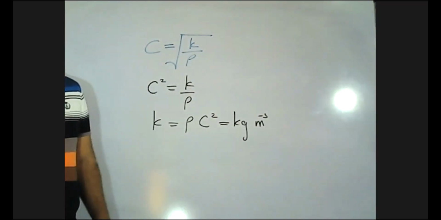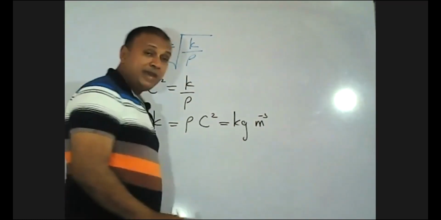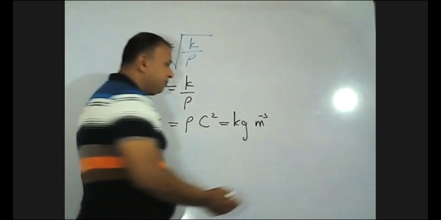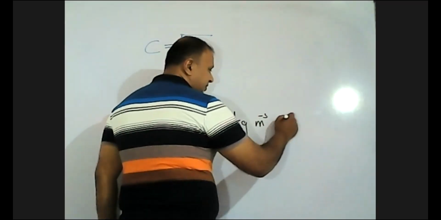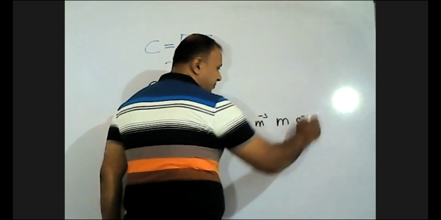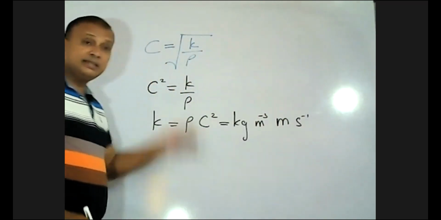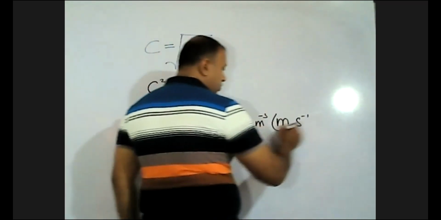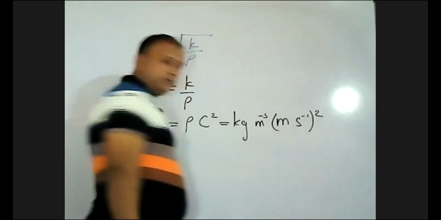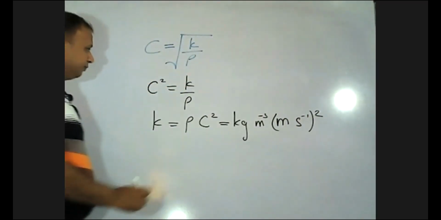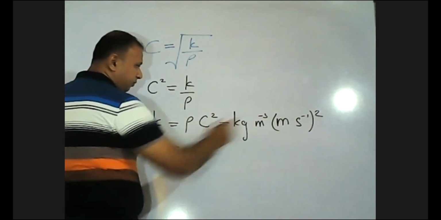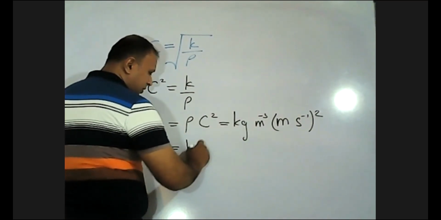C is a velocity, so we have to take C squared. That means the velocity, m s minus 1, and we take the square of this. Then we can simplify this one.